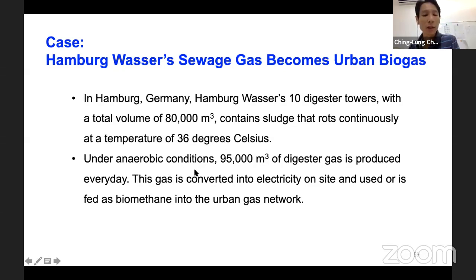So under anaerobic conditions, about 95,000 cubic meters of digester gas is produced every day. This gas is converted into electricity on site, or is fed as biomethane into the urban gas network.